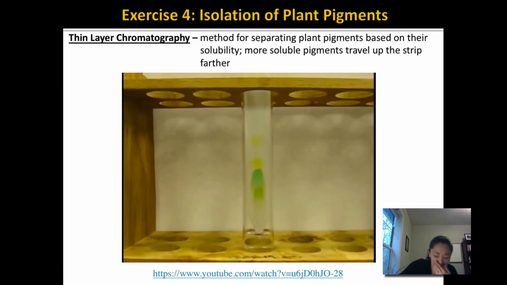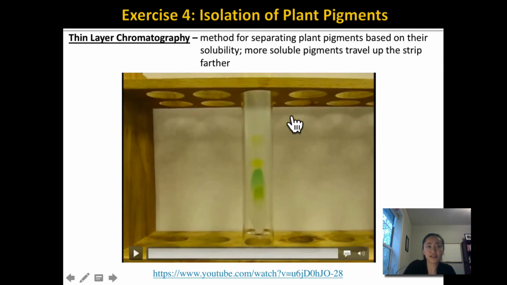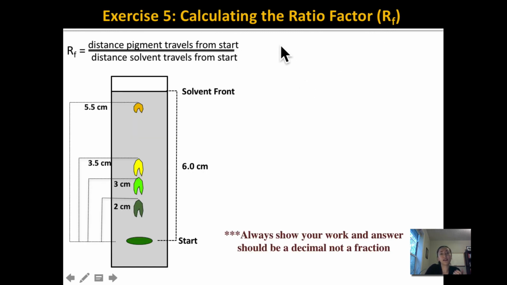All right, the next objective says calculate RF values from a chromatogram and identify the pigments when given tables of standard values. So from doing this thin layer chromatography, we can then calculate some results. What we calculate is what's called an RF value, or ratio factor.